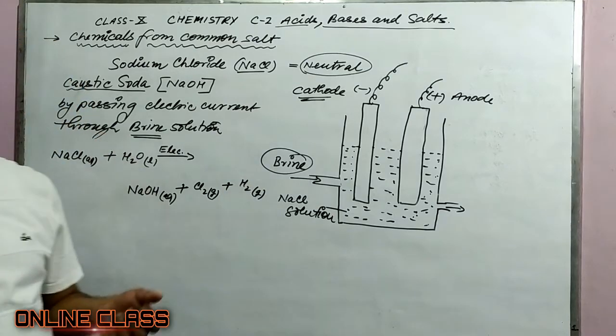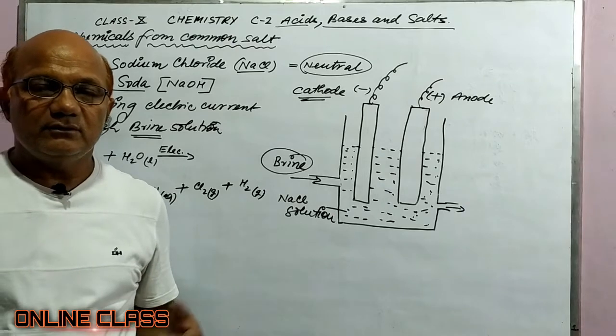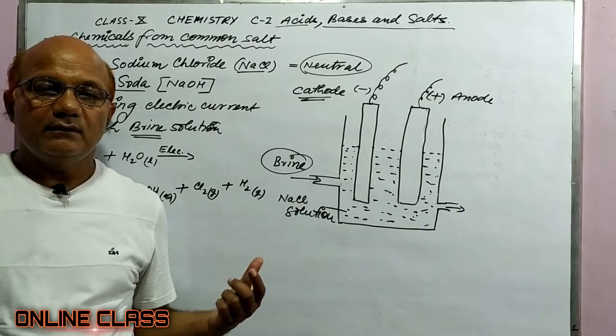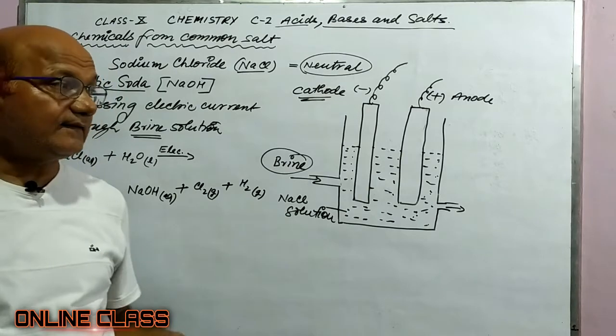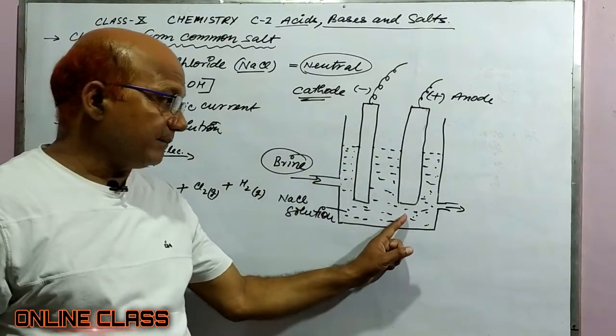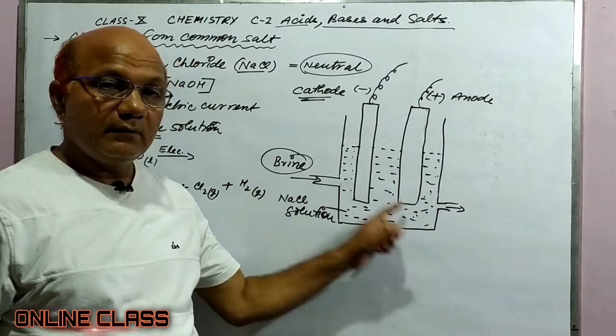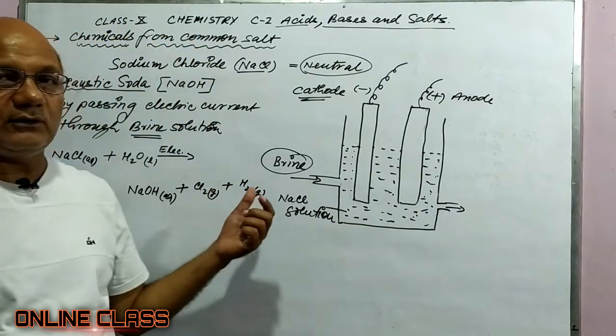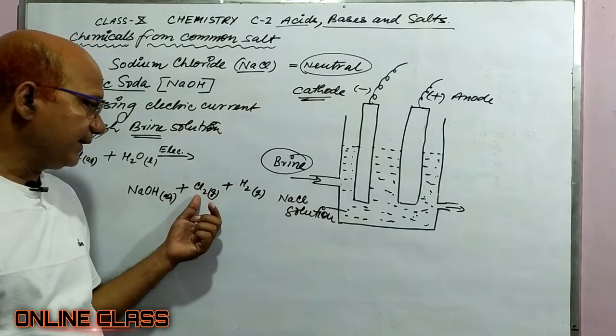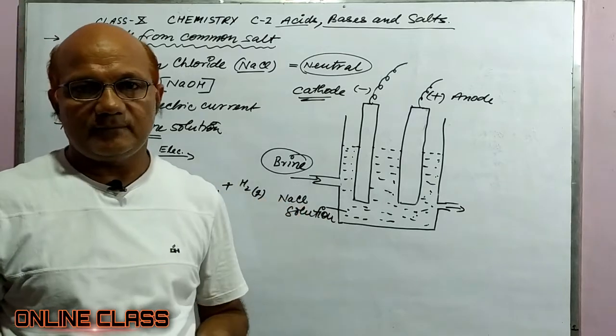So, when electric current is passed through brine solution, caustic soda is formed and it is collected at the base of anode, and the two gases are also released, chlorine gas and hydrogen gas.